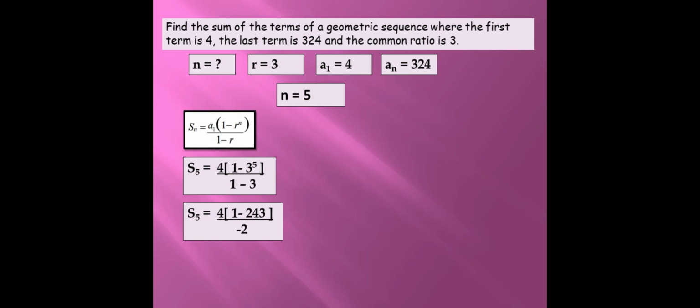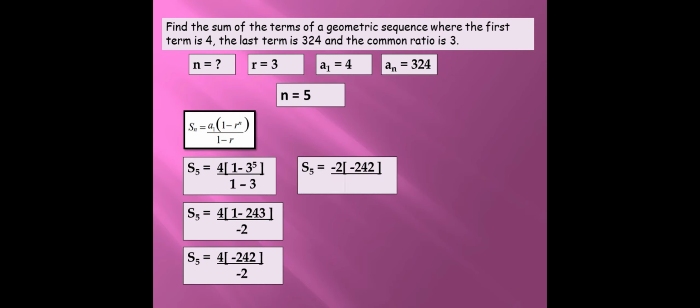Okay, so we have now S sub 5 equals 4 times quantity 1 minus 3 to the 5, which is 243, quantity all over negative 2 because 1 minus 3 is negative 2. So 1 minus 243 is negative 242, over negative 2.